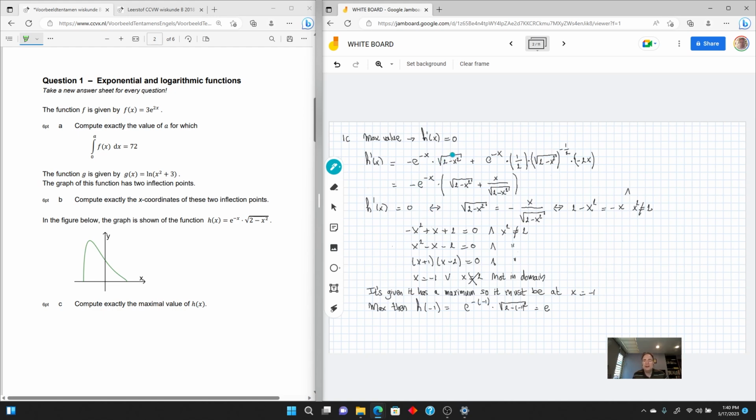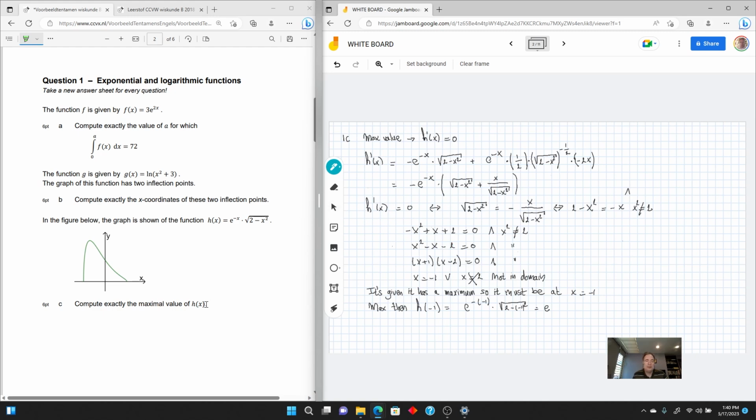Since there's a square root here, it is actually a little bit cumbersome because you get a square root in the denominator. But just slowly write it out.